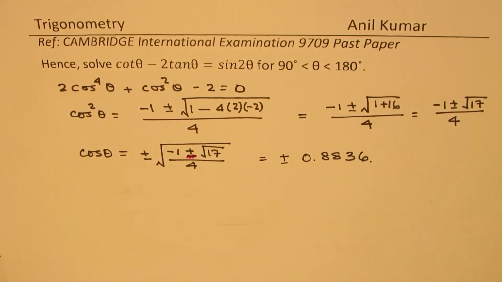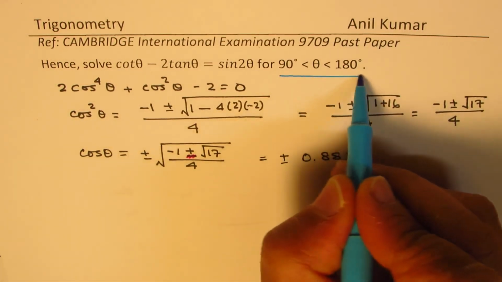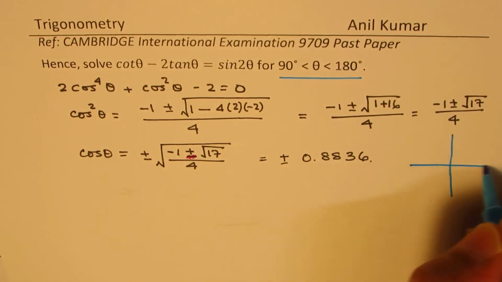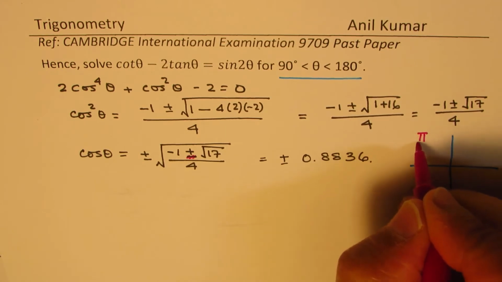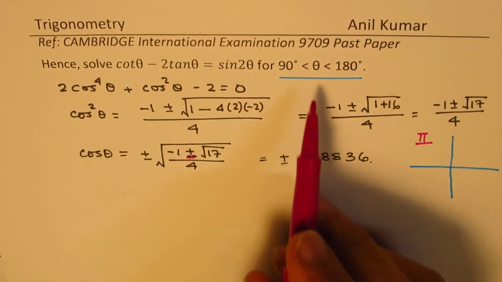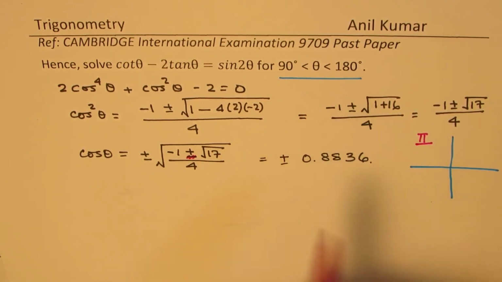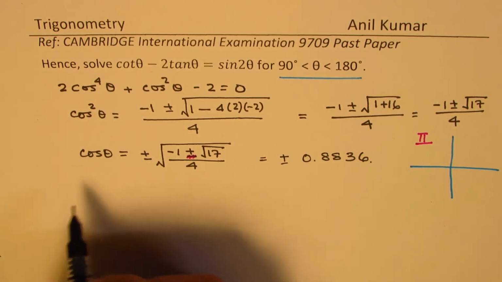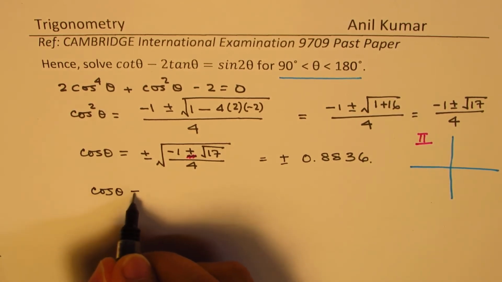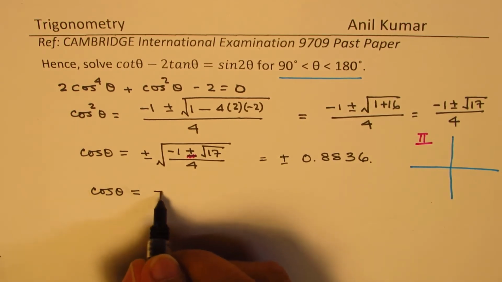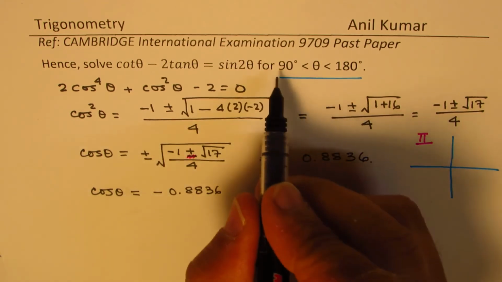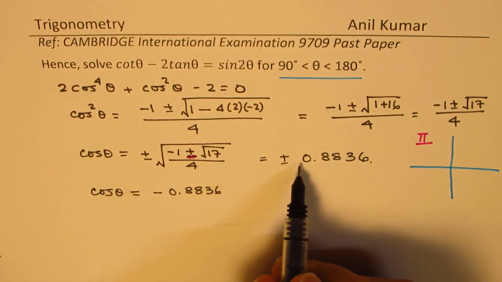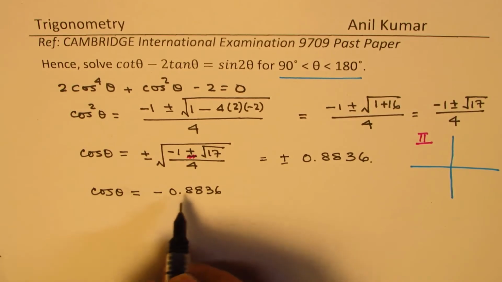Now within 90 to 180, the solutions which we are looking for, theta is between 90 and 180, right? So that means we are looking in quadrant 2. So in quadrant 2, cos is negative. So that means we could get value for cos theta equals to minus of 0.8836, right? Since in quadrant 2, cos is only negative, correct? So we have only one possible value.